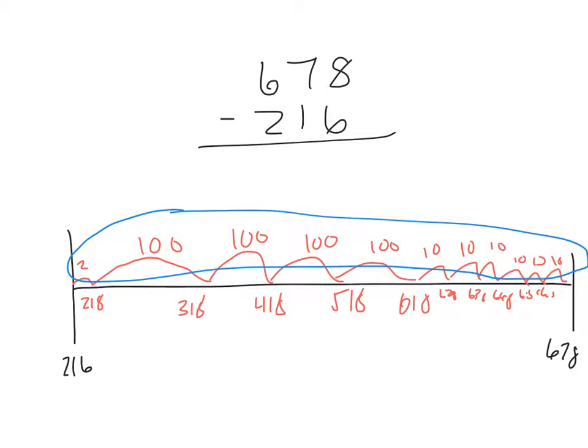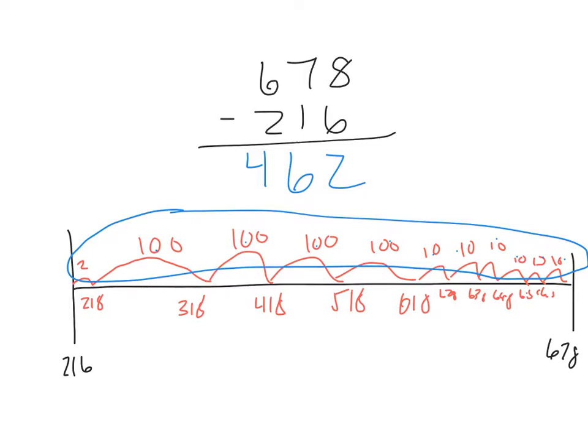Start with my hundreds. 100, 200, 300, 400, 10, 20, 30, 40, 50, 60, 2 for 462. So we're taking these skills we've already learned and used once, and we are going to apply them to helping us solve bigger math problems.